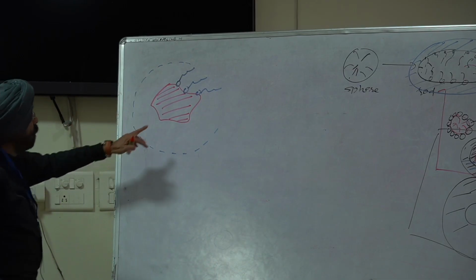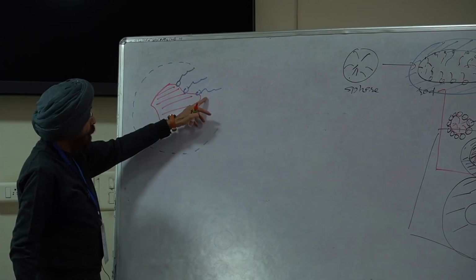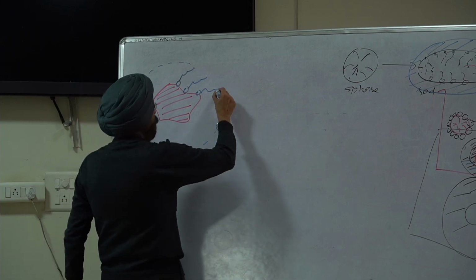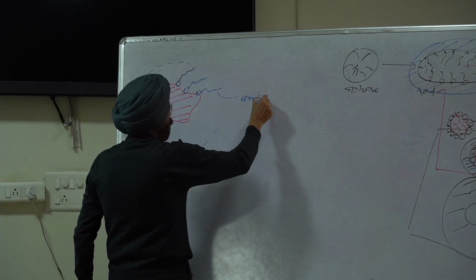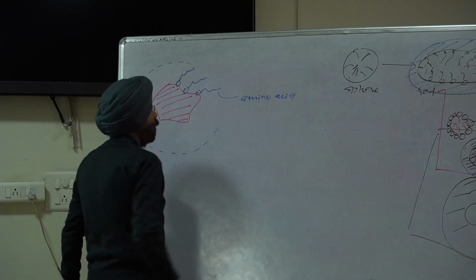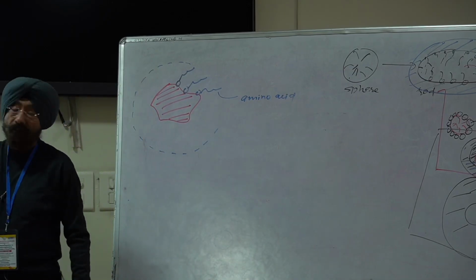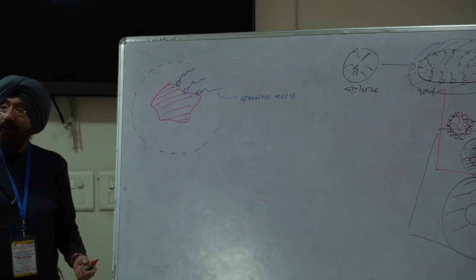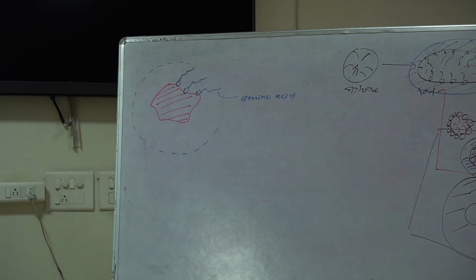Now, this amphiphilic molecule could be a Gemini surfactant, a conventional surfactant, or an amino acid. But amino acids usually do not look like this because you do not find a much bigger non-polar functional group.